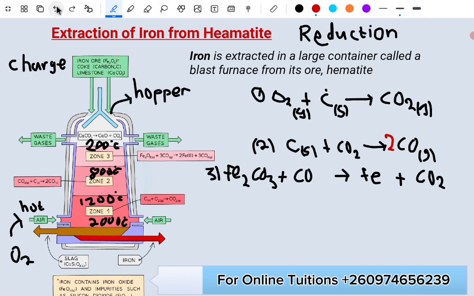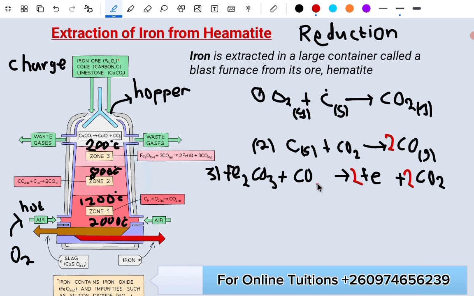Carbon 1, 2, oxygen, that is then 4. So we put a 2 here, and a 2 here. So we have 4 atoms of oxygen, 4 atoms of oxygen, 2 atoms of carbon, 2 atoms of carbon. I think like this it is balanced.